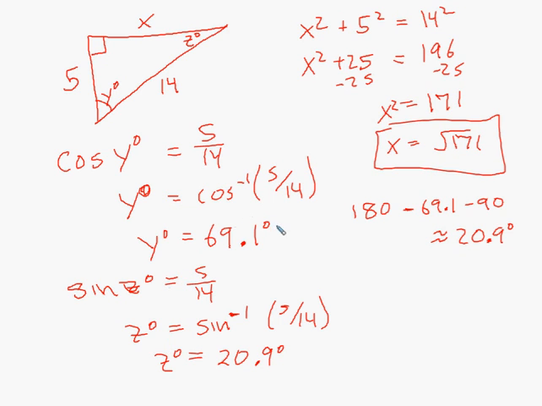So they're both 20.9. Yeah, I calculated z twice. I did it one way by using 180. Since we must have 180 degrees in the triangle, once I have two angles, I can use subtraction to get the other angle without much issue. We just did it another time to emphasize the trigonometry.